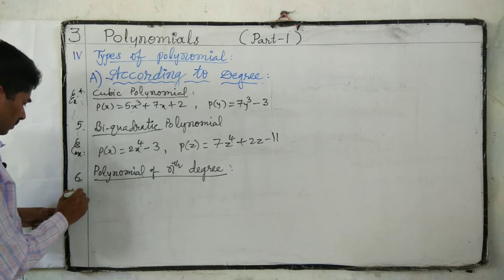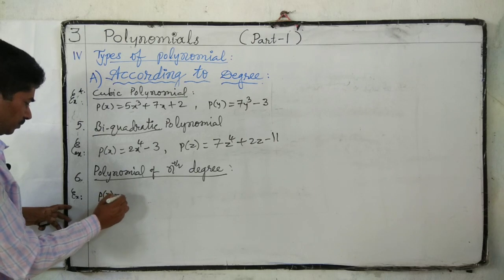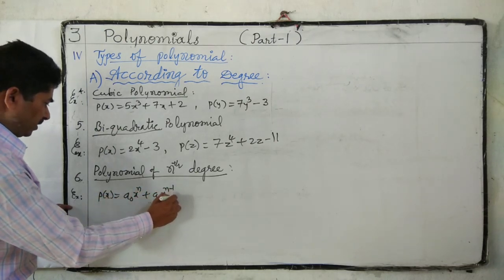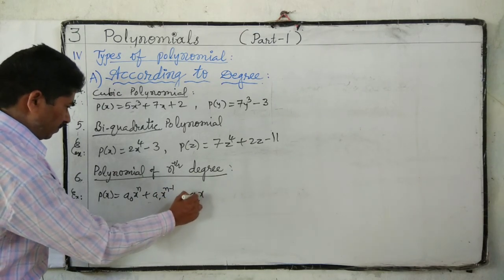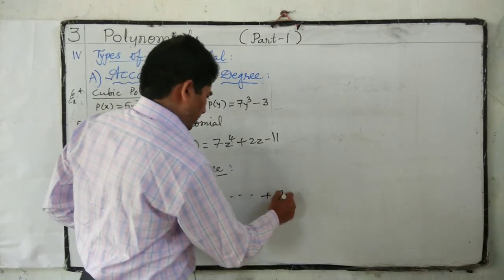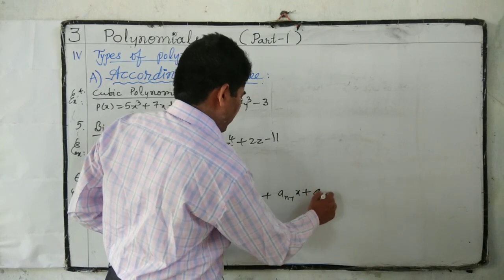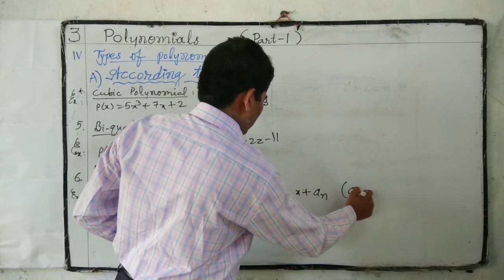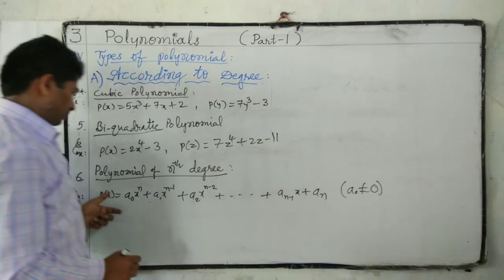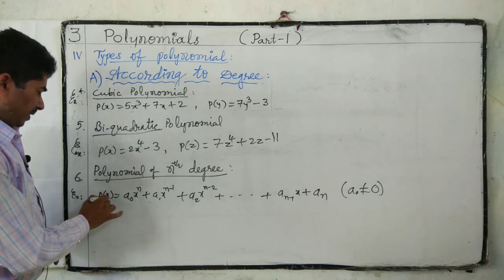Standard form: p of x is equal to a0 x to the power of n plus a1 x to the power of n minus 1 plus a2 x to the power of n minus 2 plus and so on, a n minus 1 x plus a n. Here a0 is not equal to 0. So this is an nth degree polynomial in the variable x.